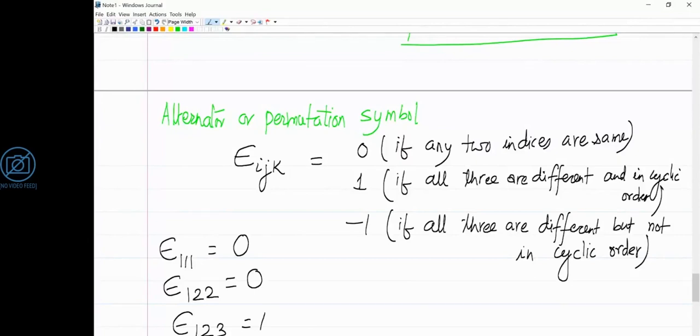Because it's a cyclic order. And how do we define the cyclic order? It's as follows. You take 1, 2, and 3, and then it goes into a cycle. So it can be either 1, 2, 3, or 2, 3, 1, or 3, 1, 2. They are all in the cyclic order.